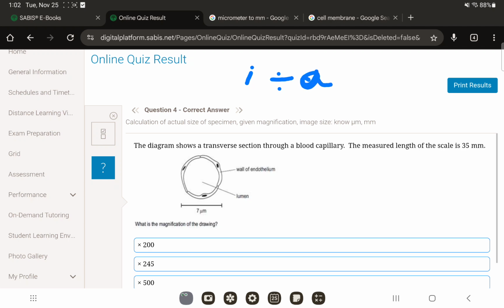Sorry for the bad drawing, but yeah. So in this case, it would be 35 millimeters divided by 7 micrometers. So the first thing you have to do is make sure that they're in the same unit.